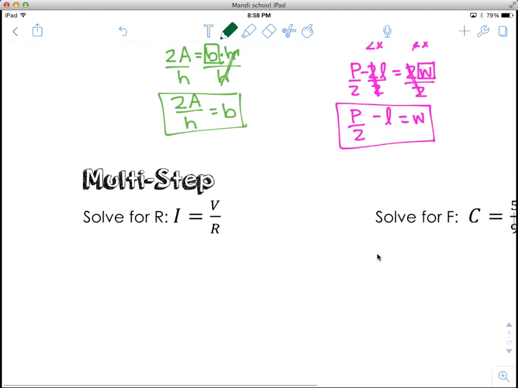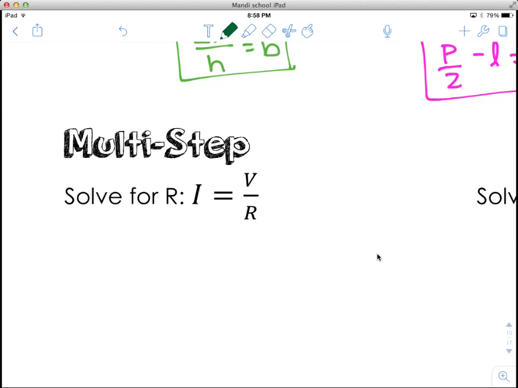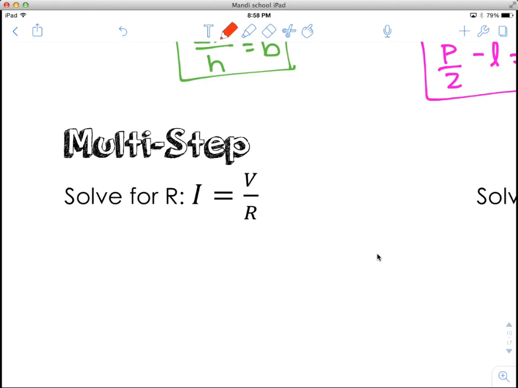Okay, we're going to do probably just one more because that last one's a little bit ugly and I don't think we want to try that one today. This one says solve for r. It looks easy. It doesn't look very complicated, but notice this is called a multi-step. So r is in a denominator, and we can't have r in the denominator.